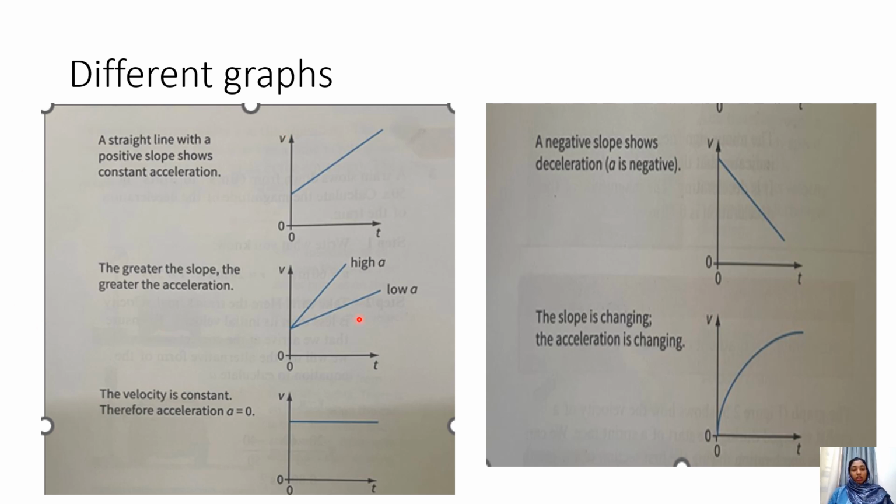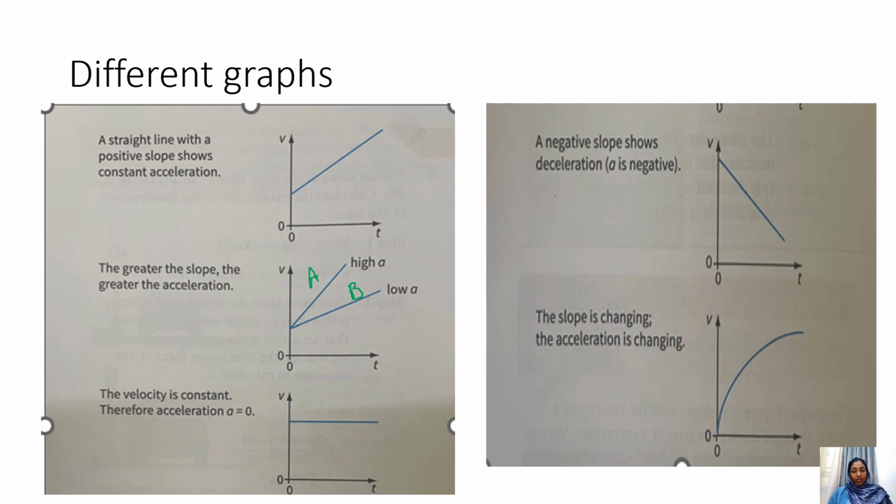Now, what about the second graph? Here, the greater the slope, the greater the acceleration. Let us name this line A. Line A has a higher acceleration than line B.